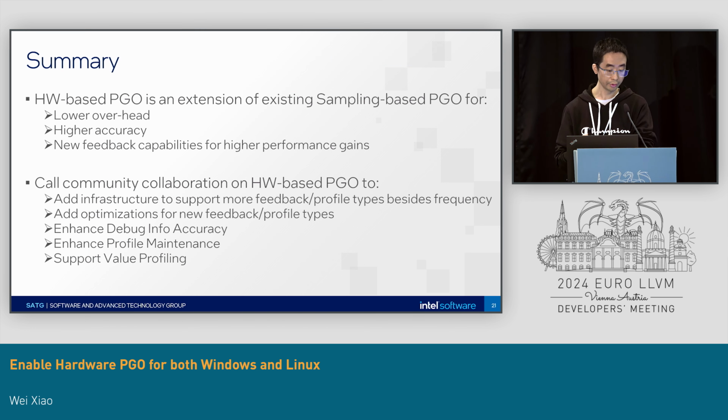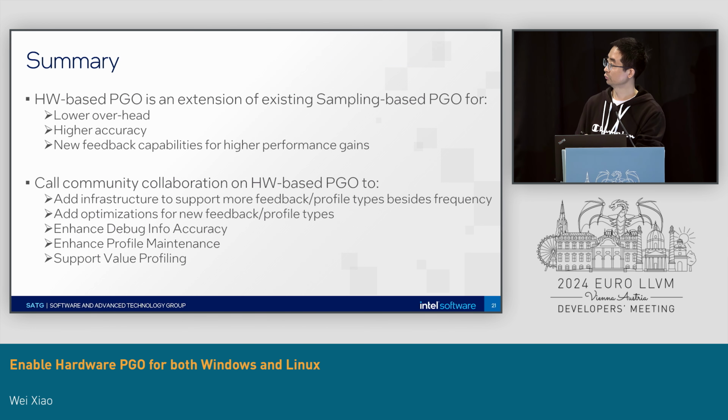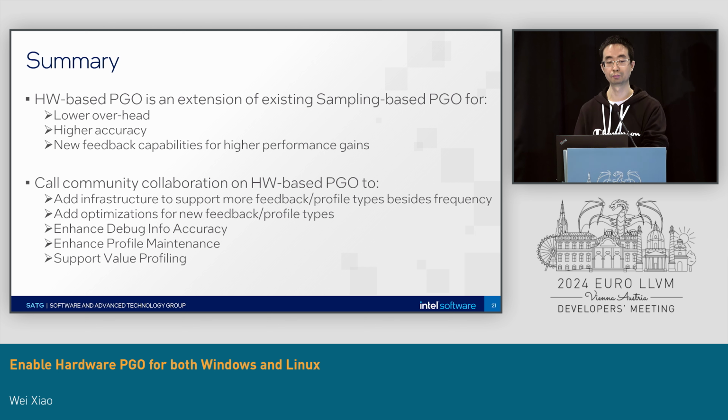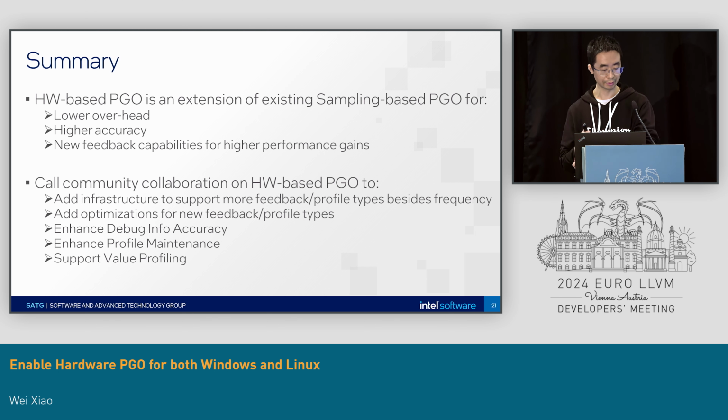So in summary, hardware-based PGO is good for the lower overhead sampling, higher accuracy, and most importantly, it will enable new feedback capabilities provided by hardware for higher performance gains.